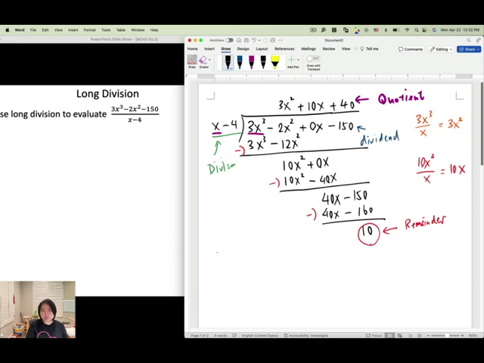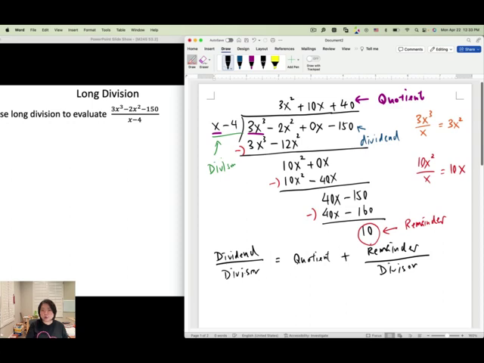And then I want you guys to write down the final answer. That will be the dividend divided by divisor equal to the quotient plus the remainder over the divisor. This is how we write the final answer.